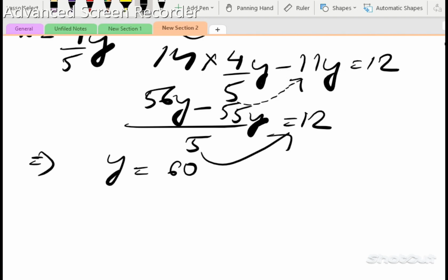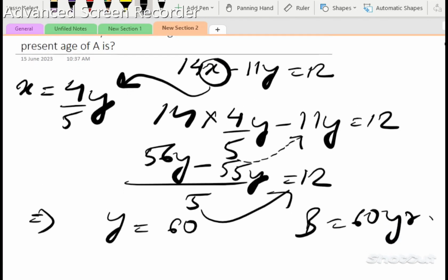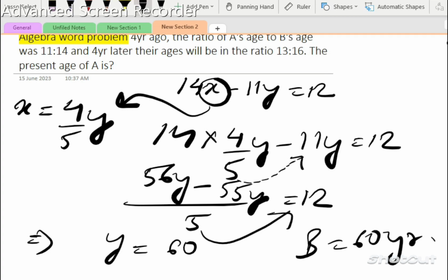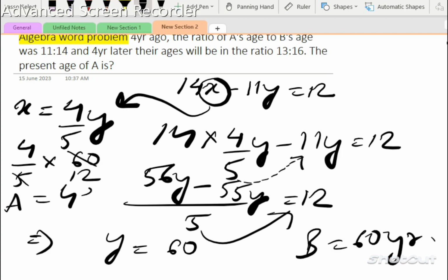So you get 60. So y is 60. That means B is 60 years old. Let's just see. If you substitute y in here, you would get 4 upon 5 times 60, because y is 60. So 5 times 12 is 60, and A's age is going to be 12 times 4, 48 years. That's the answer.